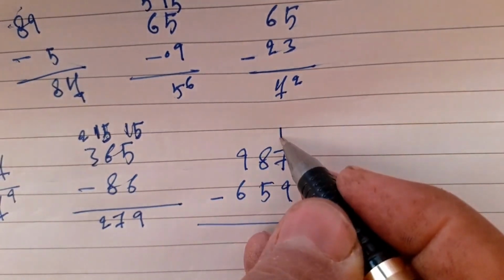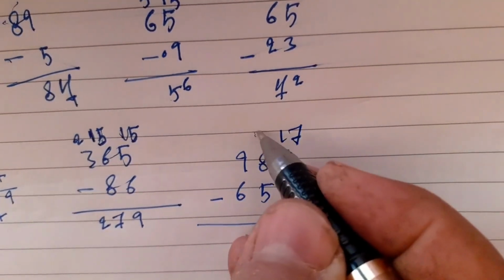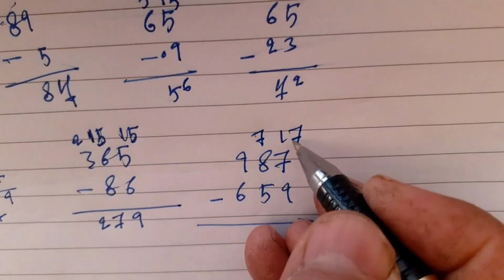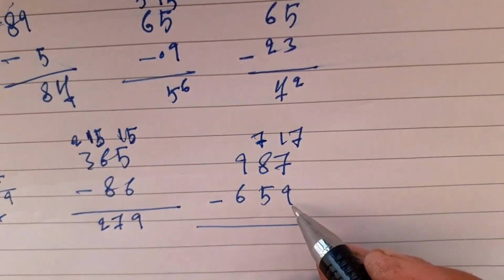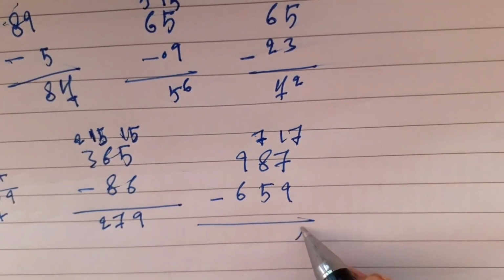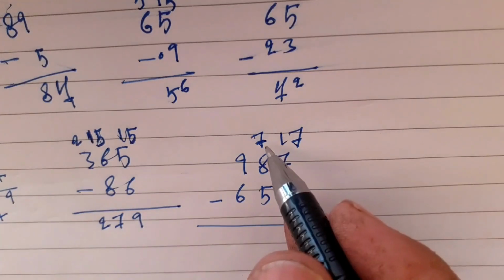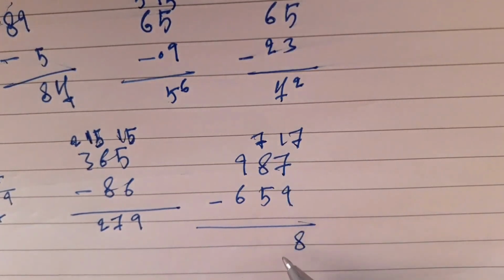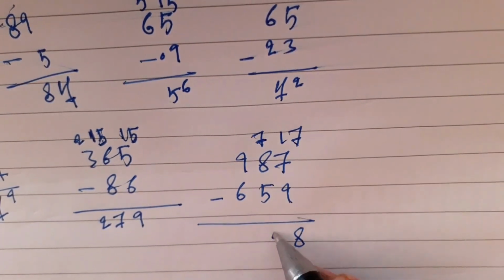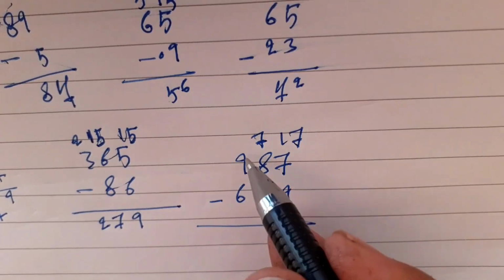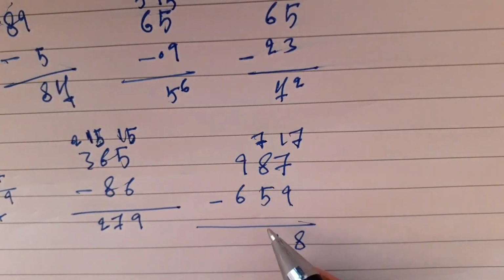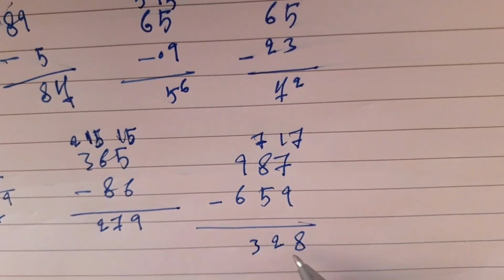The 8 becomes 7, and the 7 becomes 17. 17 minus 9 is 8. 7 minus 5 is 2. 9 minus 6 is 3. Finally, the answer is 328.